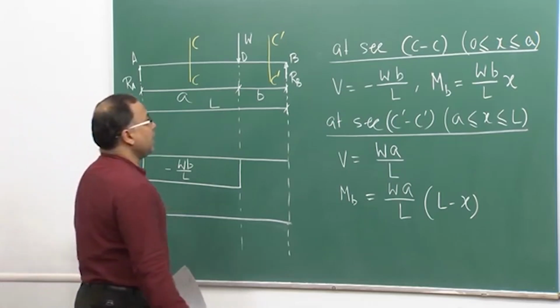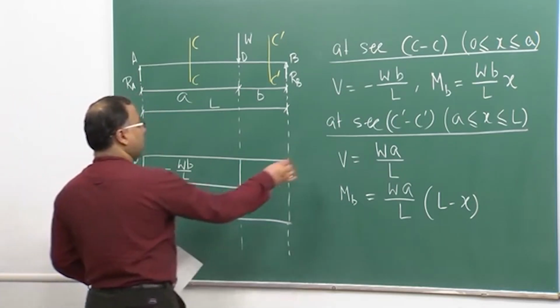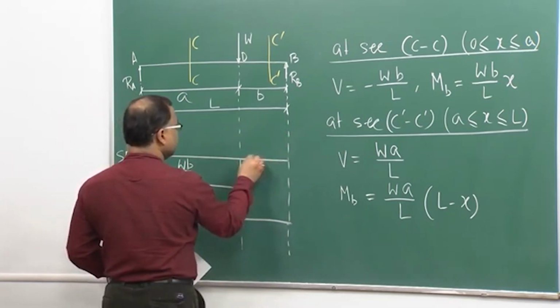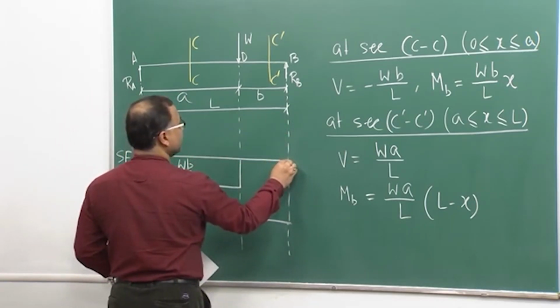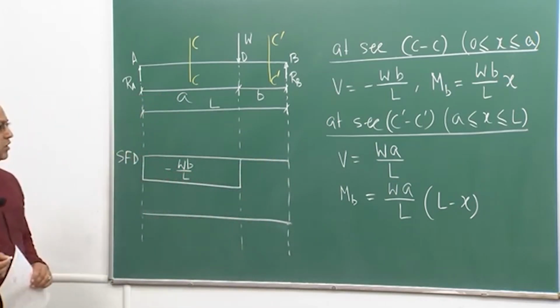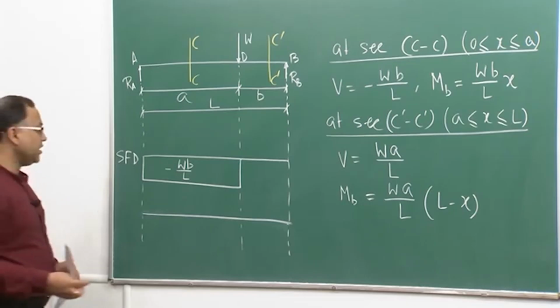And then at section C prime, that means that is varying from D to B, right, from this point to this point. And what is the value of shear force? Wa by L, positive, right, again constant.